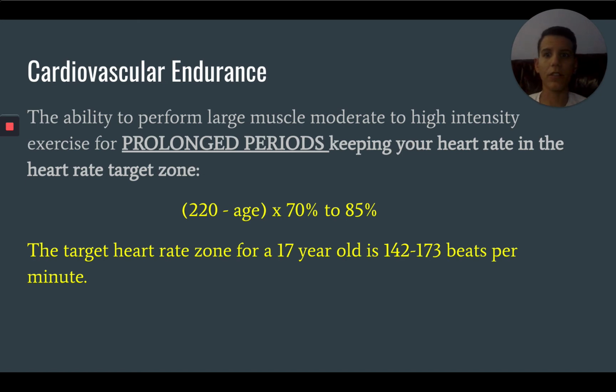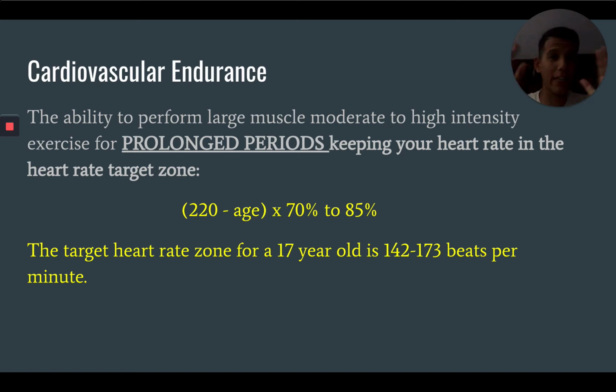Cardiovascular endurance. The ability to perform large muscle, moderate to high intensity exercises for a prolonged period of time, keeping your heart rate in your target zone. Okay? We're going to be talking about the heart rate target zone often. In order to get that target zone for yourself, you take the number 220 and you subtract your age. Then you multiply that by 70%, 0.70, and it can go all the way up to 85%.